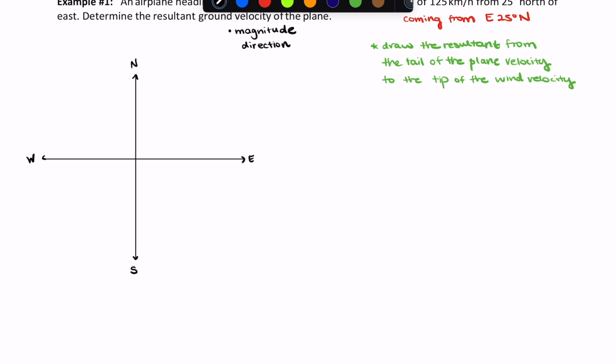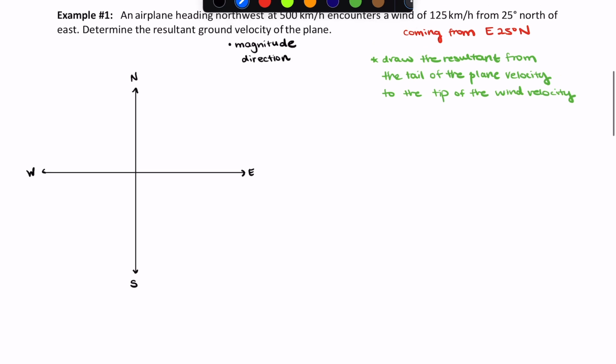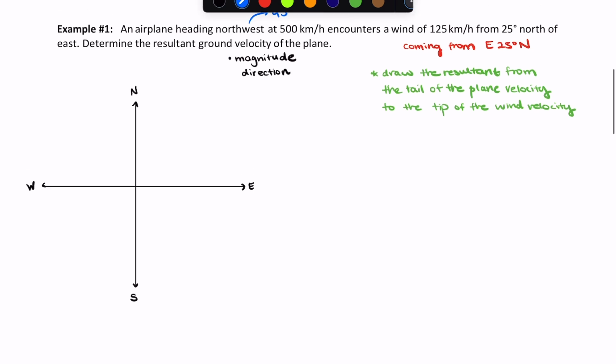Here is our airplane heading at 500 kilometers per hour, at 45 degrees because it's heading northwest.